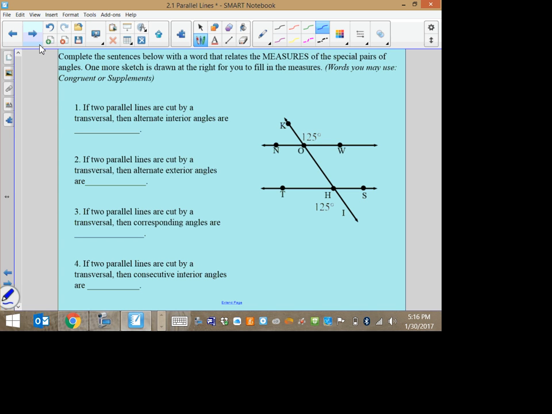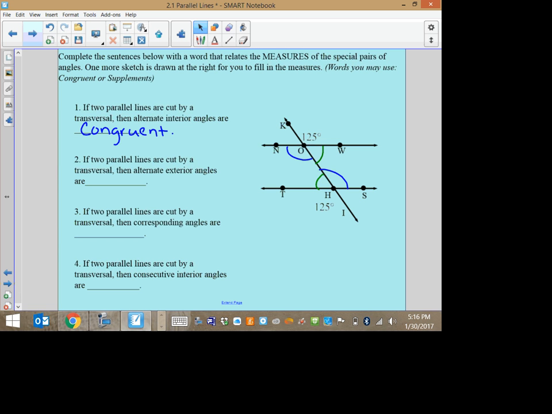Now, just to recap here, if two parallel lines are cut by a transversal, then alternate interior angles are congruent. So that means that alternate interior angles, this angle and this angle, would be congruent. And then we have our other alternate interior angles, which are also congruent.